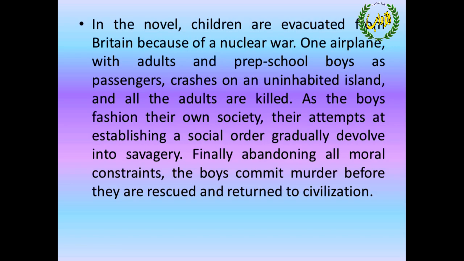As the boys fashion their own society, their attempts at establishing a social order gradually devolve into savagery. Finally, abandoning all moral constraints, the boys commit murder before they are rescued and returned to civilization. Actually, this is a very good and very to the point summary of the whole novel.